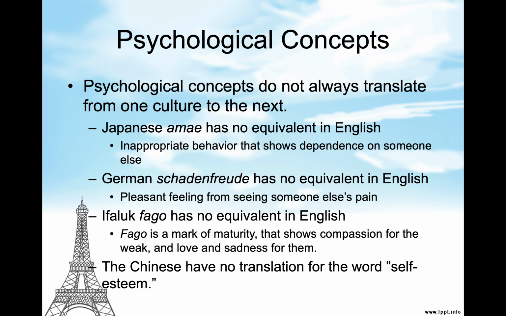It's inappropriate behavior that shows dependence on someone else. Usually it's the male for the female. The female will have ame. In other words, he will insult her, he will be rude to her, yet she stays with him. That is ame, where she's willing to put up with his negative behavior. And he treats her very poorly.